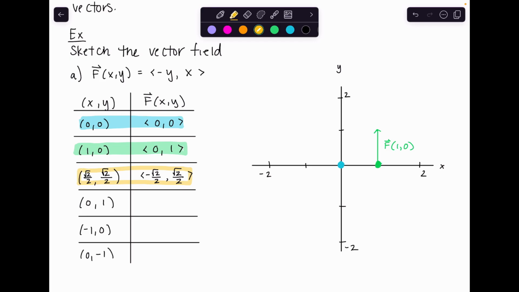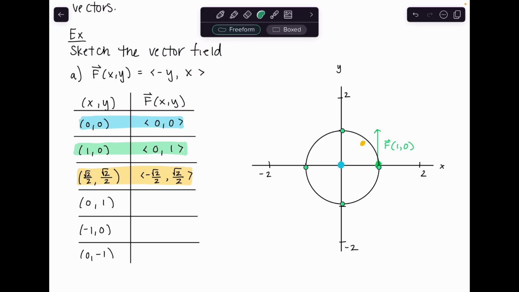So if you think about where that point is, root 2 over 2, root 2 over 2, I picked it specifically because it lies on the unit circle, because this is going to be a nice vector field. And that's right around here. I'll even go ahead and graph that in. Here is our unit circle, and I'll dot that. Let's see if we can make it actually be a circle. There we go, close enough.